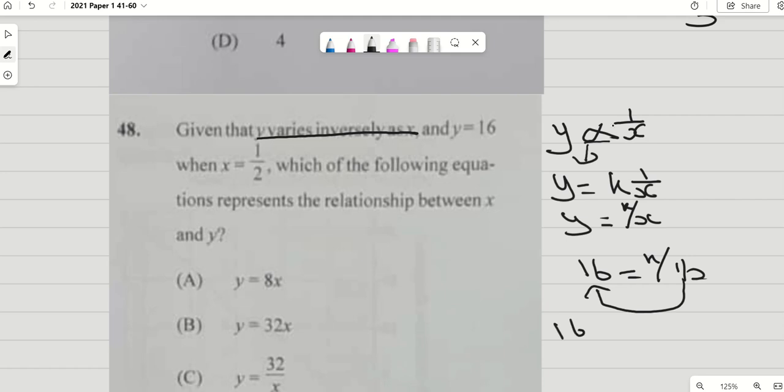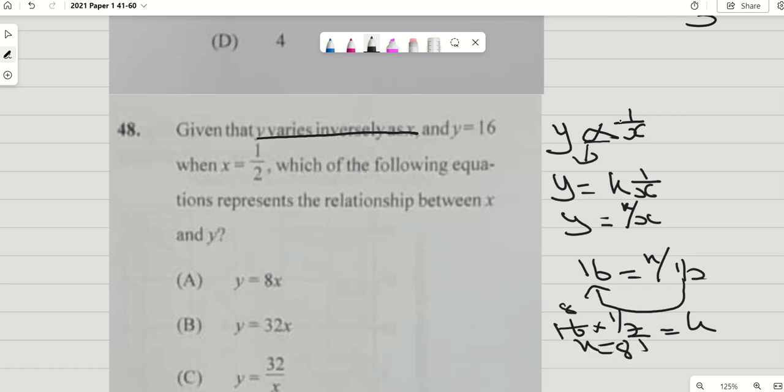So that's 16 multiplied by half is equal to k. Right, so that is 8. So k is equal to 8.